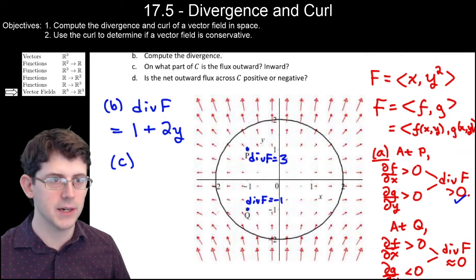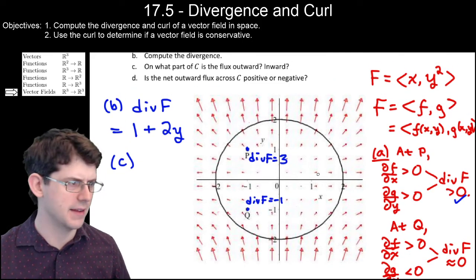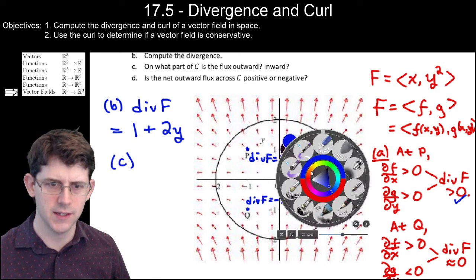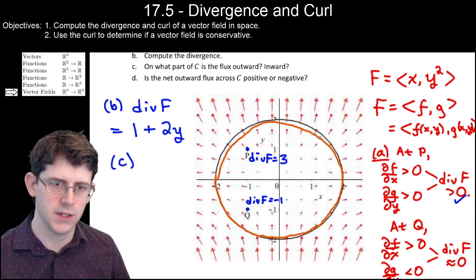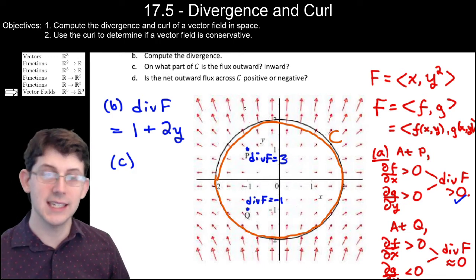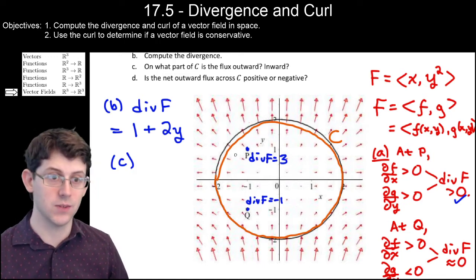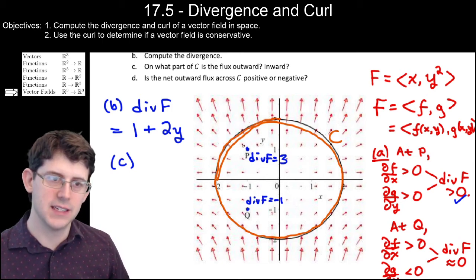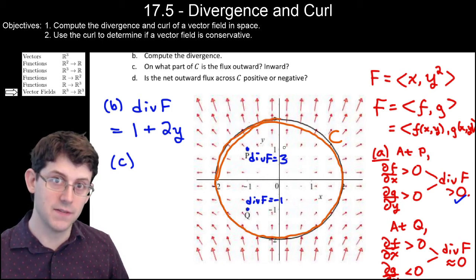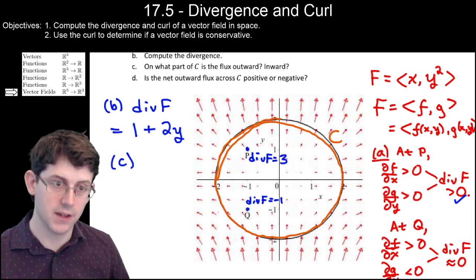Okay, part C. I think C is referring to this circle. So this is C. On what parts of C is the flux outward and where is it inward? Well, on this part of C out here, the vector field is pushing out of the curve.